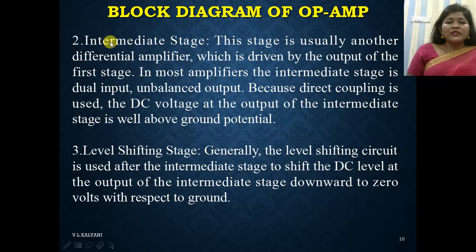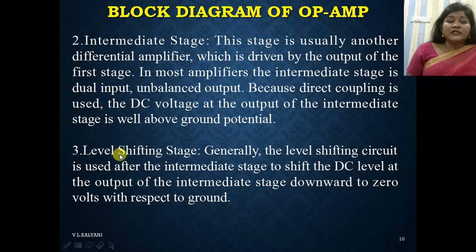The second stage is the intermediate stage. This stage is usually another differential amplifier which is driven by the output of the first stage. In most amplifiers, the intermediate stage is dual input balanced output. Because direct coupling is used, the DC voltage at the output of the intermediate stage is well above ground potential.